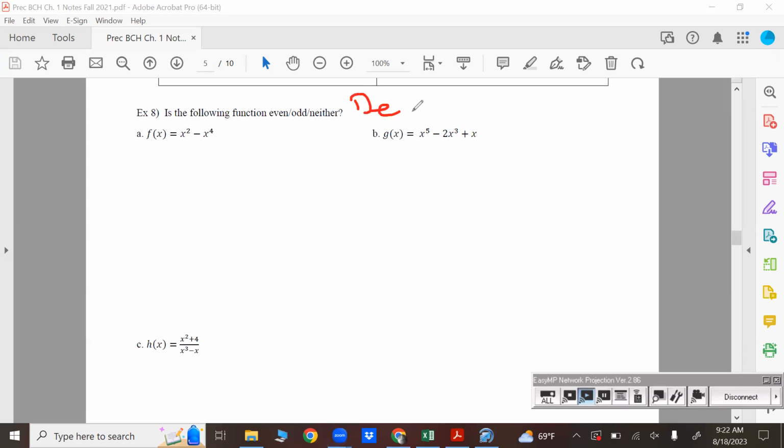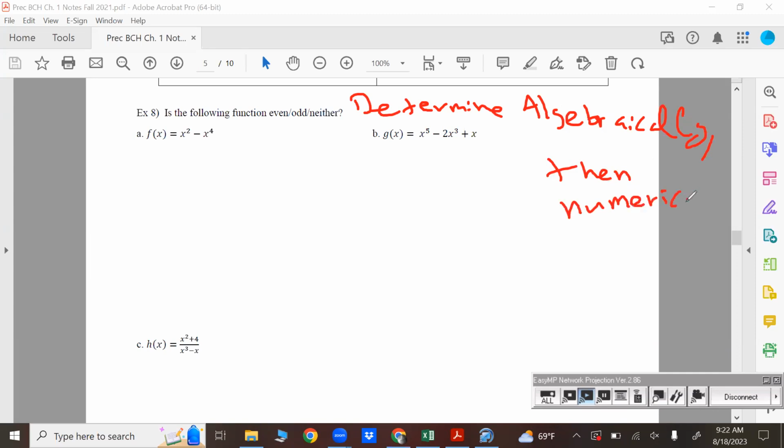I want you to determine algebraically, then numerically, then graphically.